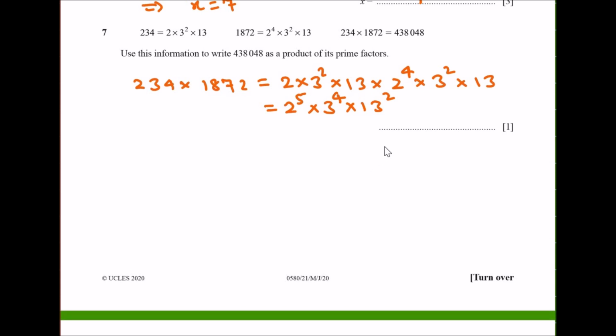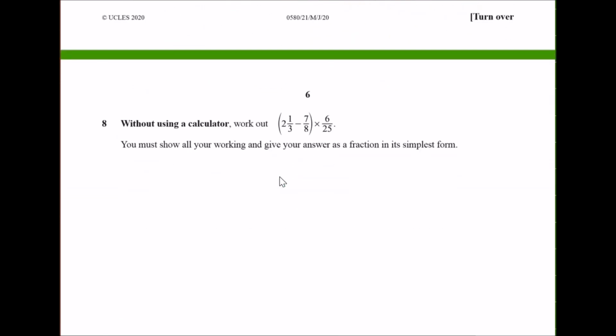So this is your answer, 2 to the power 5 into 3 raised to the power 4 into 13 raised to the power 2. That's it. Let's go to the next question.